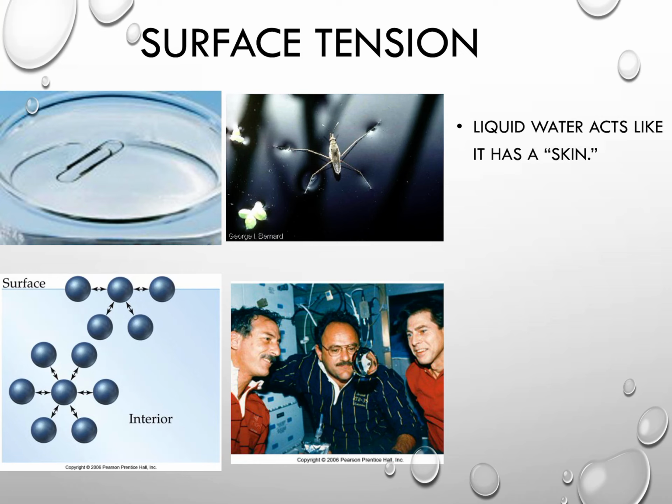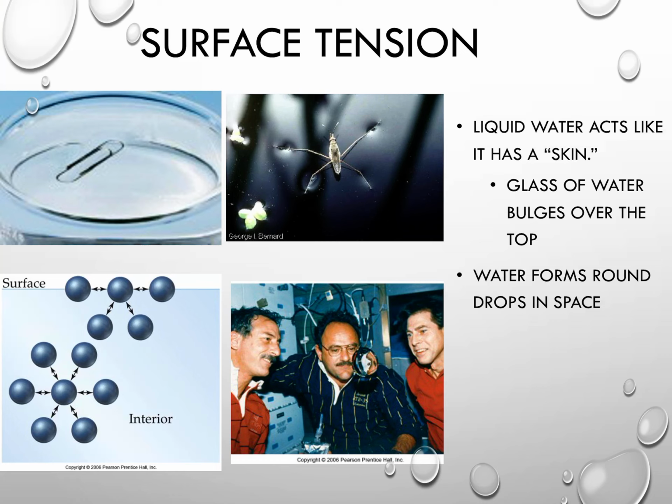For this reason, and for others, we say that liquid water acts like it has a skin. Like this water bug here can appear to walk on the water. But again, it's not really walking on water. Well, I guess kind of it is. What's happening is that the water molecules are so strongly attracted to the other water molecules that the weight of this water bug is not enough to break the surface of the water and fall below it. So instead, it can walk on top of it.